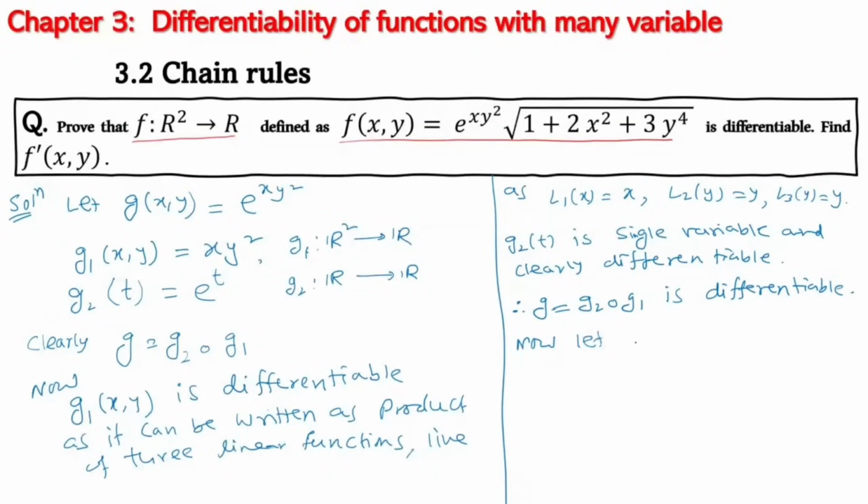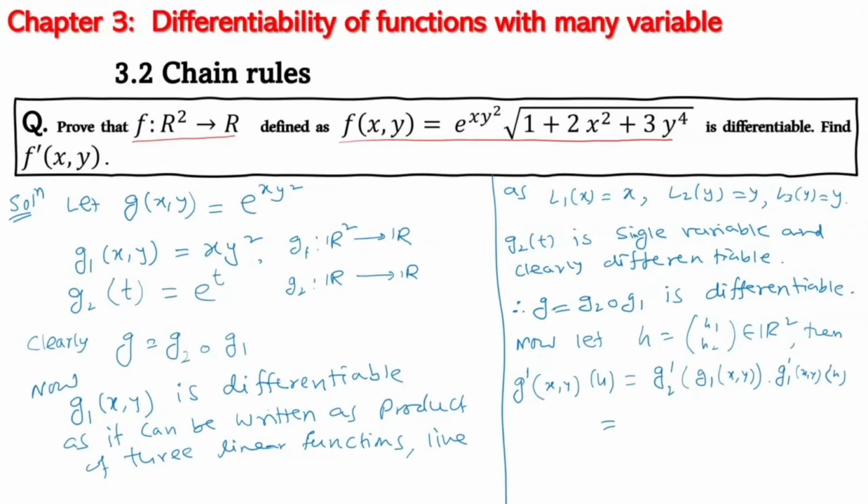Now let h is equal to h1, h2 belongs to R2, then g dash xy operating on h is equal to g2 dash g1 xy and then g1 dash xy operating on h.